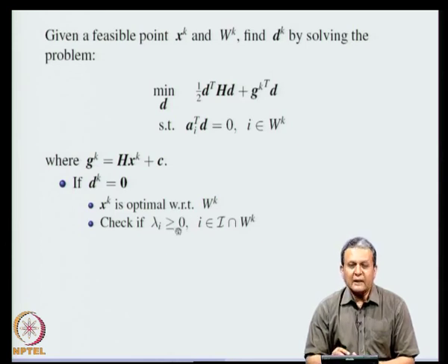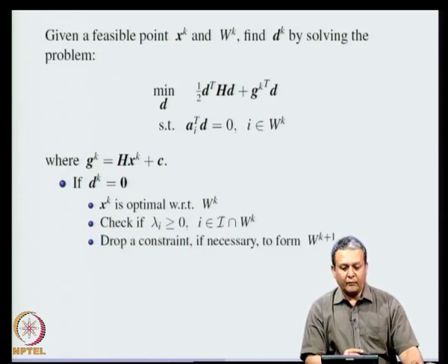Now, if lambda i is greater than or equal to 0 for all inactive constraints in the working set, then we have solved the problem completely for the original quadratic program, because for the remaining inactive constraints which are not part of the working set, the lambda i's can be set to 0, and therefore, we have solved the problem.